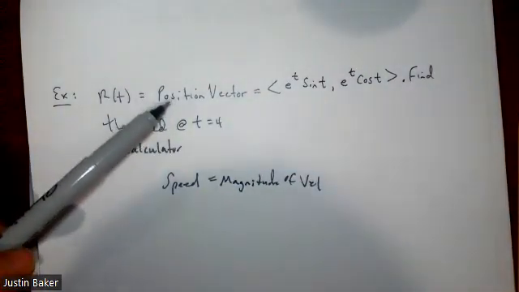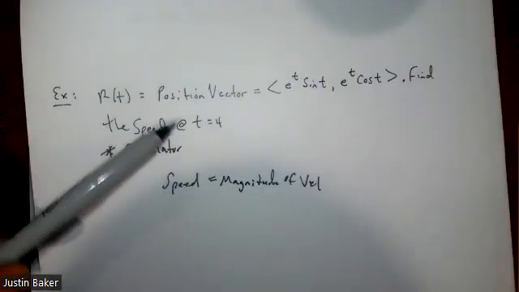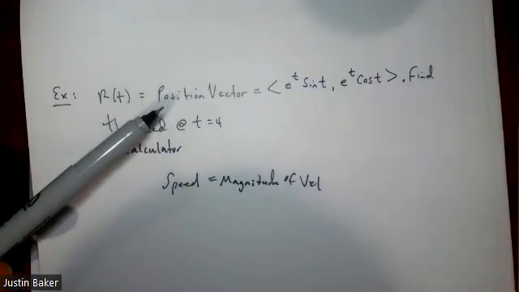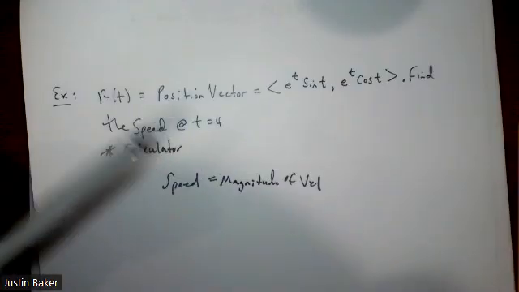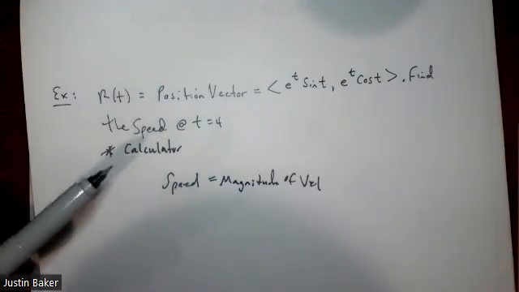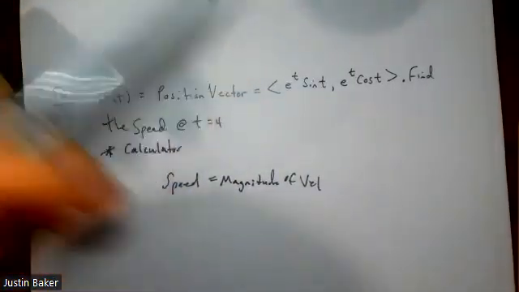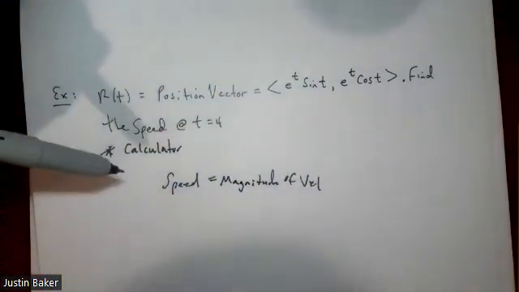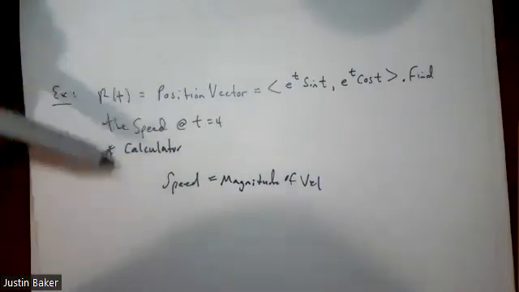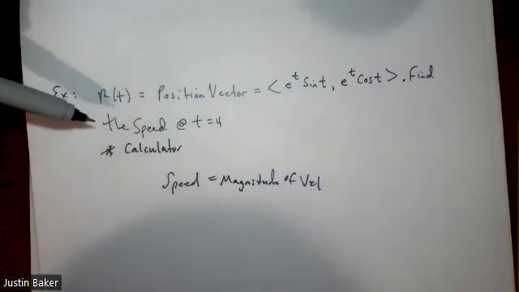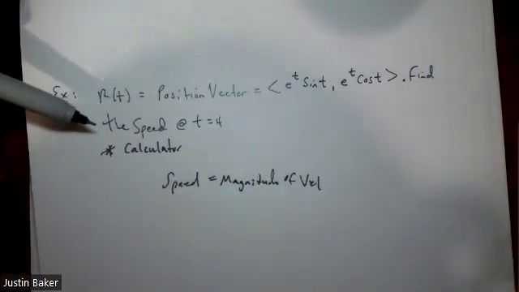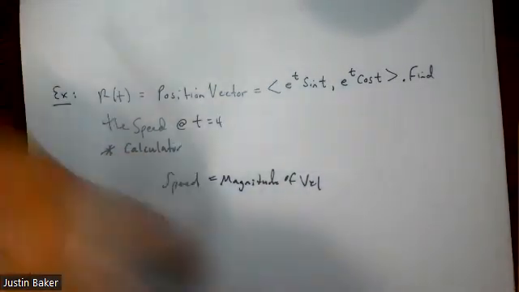So you'd want to find the velocity formula, so derive each, and then once you've done that, you're just going to stick it into your magnitude formula, and that would all go into a calculator. There'd be no way to actually do that by hand. So I don't need you guys to crank all that out right now, but this would definitely be something you would see in the calculator multiple choice section. Okay.